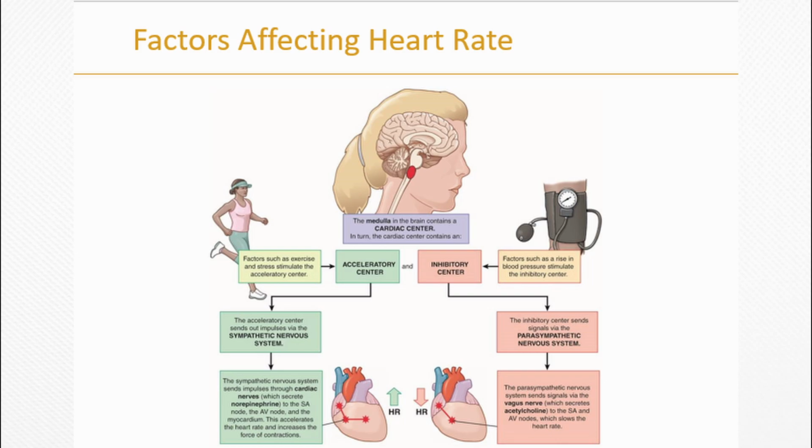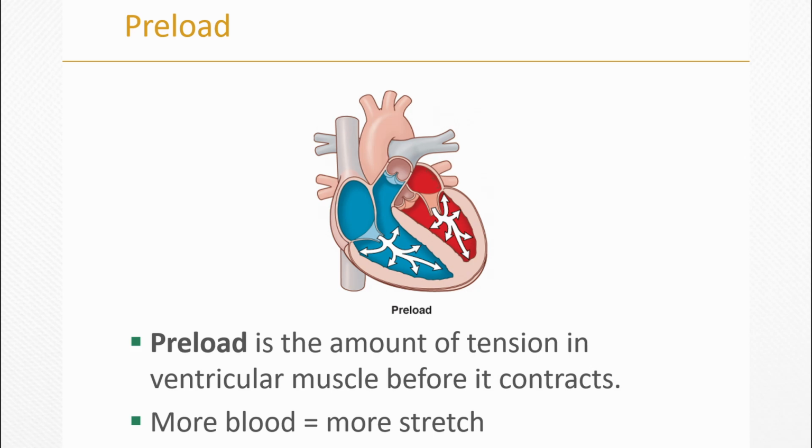Now we're going to talk a little more about the parameters that we discussed a moment ago. We have the heart's preload. This is greatly correlated with the amount of blood that will fill the heart before it contracts, so it's right before contraction, at maximum, peak diastole, when the heart is filled with blood.